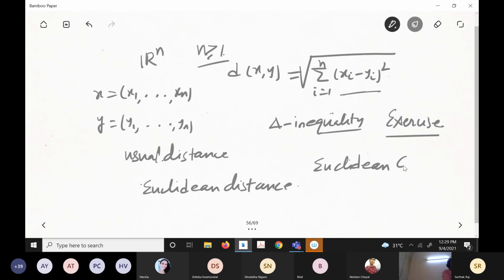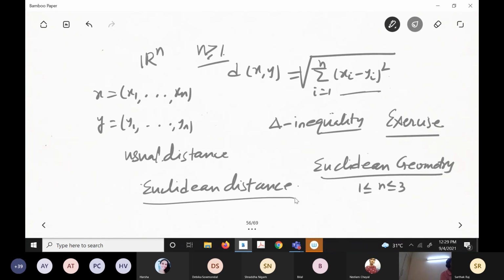If you have a problem, you can still think about n less than or equal to 3, so that you know what the geometry is. So this usual distance gives you the Euclidean geometry. That's why it is also called Euclidean distance. Some people write something more, usual Euclidean distance, but usual distance or Euclidean distance, same thing.